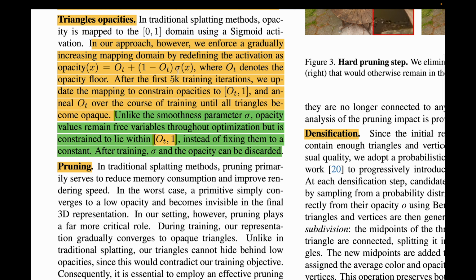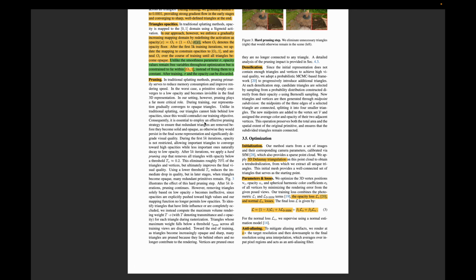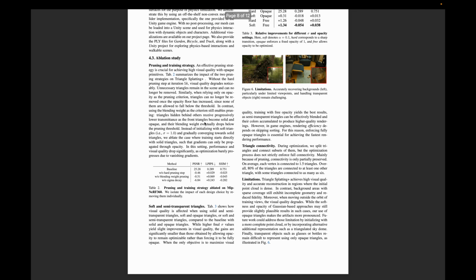So at the beginning of training, all the opacity is coming from the learned opacity of the triangles, and then little by little it's pushed with this scheduling towards 1. So at the end of training, all the triangles are opaque. Okay, I think that's most of it for this paper.